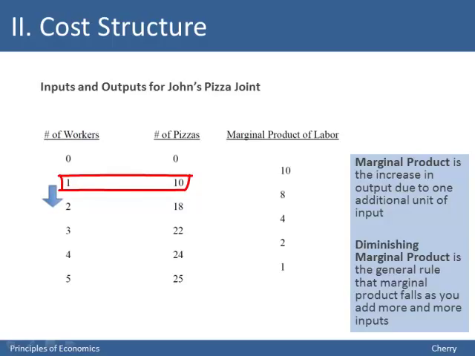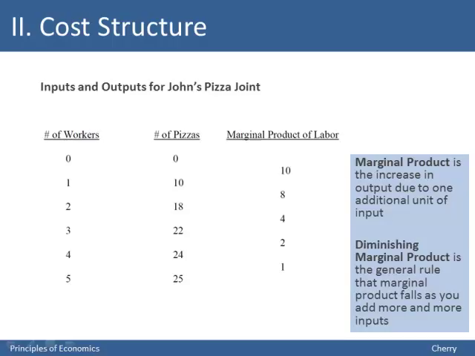If we added a second worker, we could produce 18. So what's the marginal product of that second worker? That would be 8, and so forth. So going from 2 to 3 workers, that adds 4 units of production, 4 pizzas. Going from 3 to 4 adds 2, and 4 to 5 adds 1.